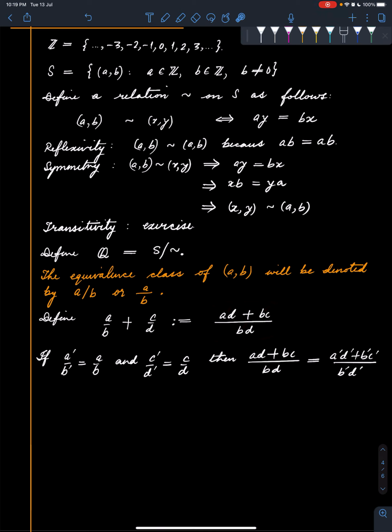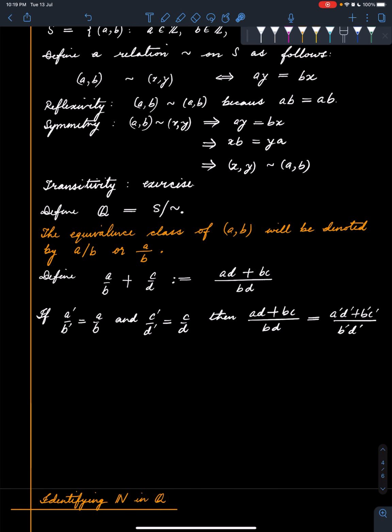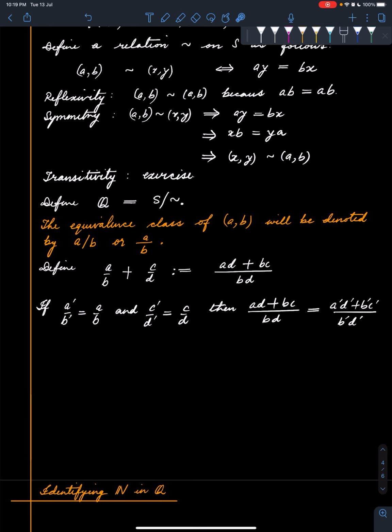So for this to even make sense, that thing that we get should be equal to what is written here. So one has to check this, and this I leave as an exercise, because this is a routine check. Just play around with the definitions. And hence the addition is well defined, and hence plus is well defined.